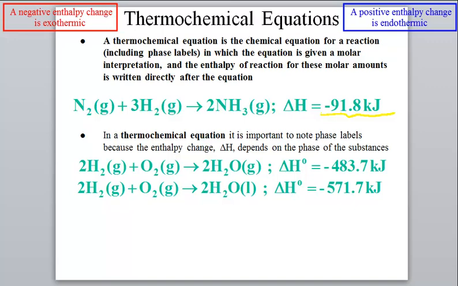So this delta H of negative 91.8 kilojoules, what exactly does that mean? Is that 91.8 kilojoules if a certain amount reacts? Well, the 91.8 kilojoules is in reference to how many reactants are reacting and how many products are being formed, and it goes along with the mole-to-mole relationship.